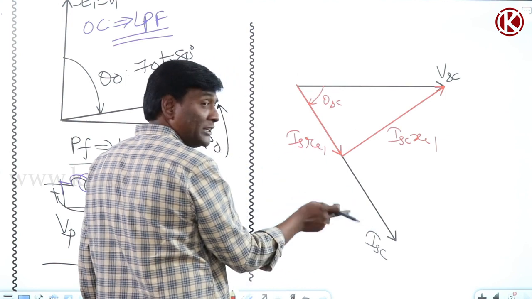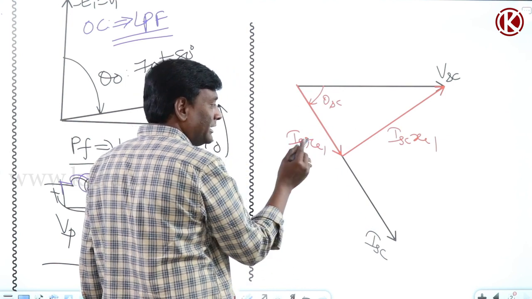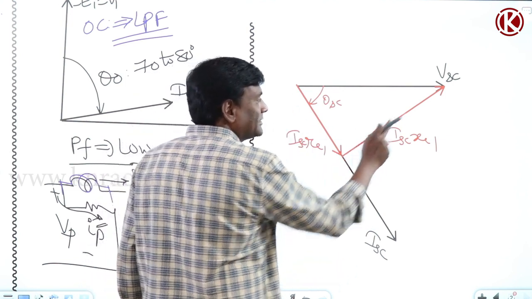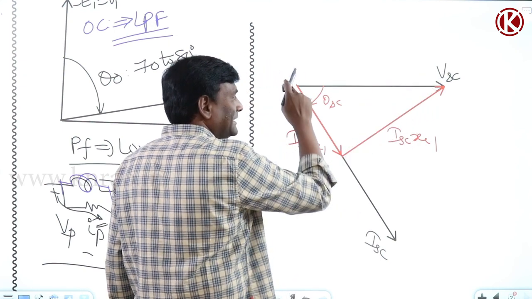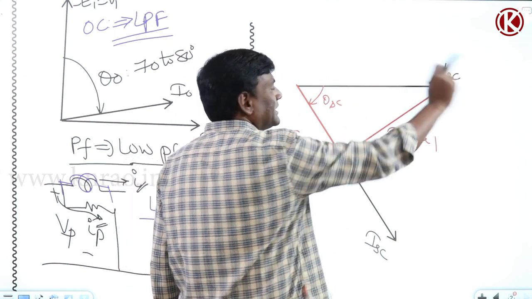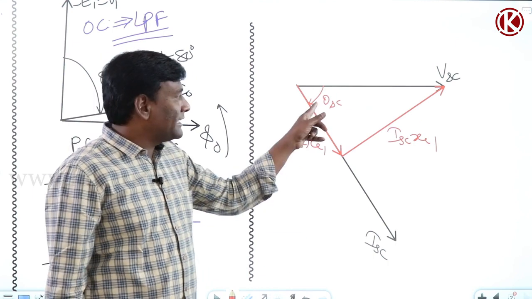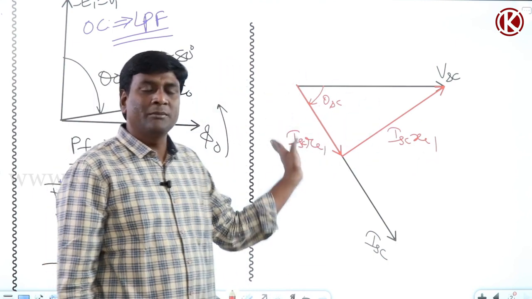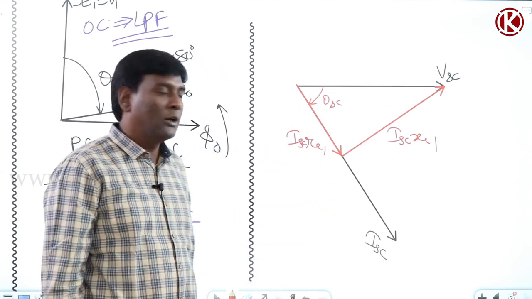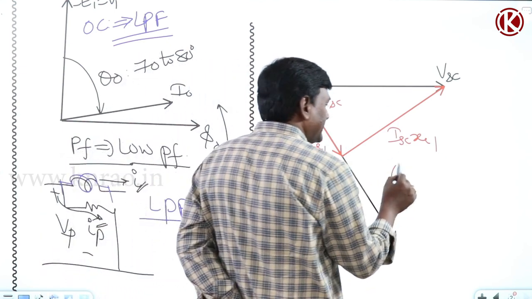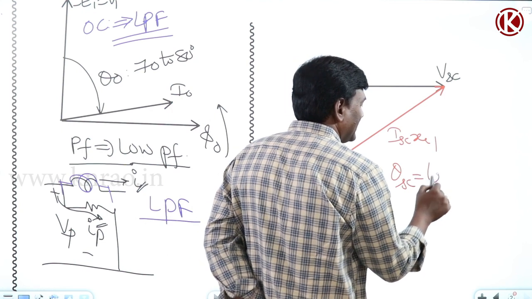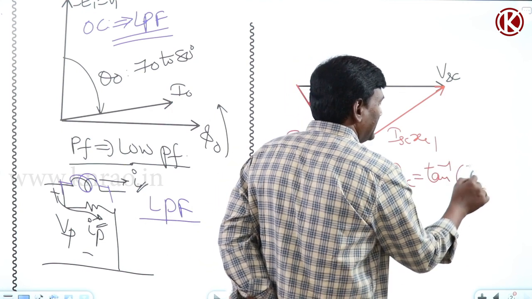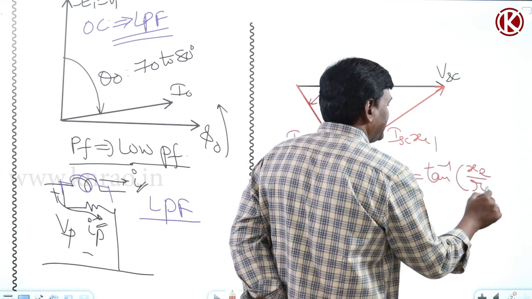ISC into RE1 should be in line with ISC, and ISC into XE1 is 90 degrees with respect to ISC into RE1. ISC into RE1 plus ISC into XE1 is nothing but VSC. Theta SC equals tan inverse of opposite by adjacent, ISC into XE1 by ISC into RE1, which is XE1 by RE1. So theta SC is nothing but tan inverse of XE by RE.